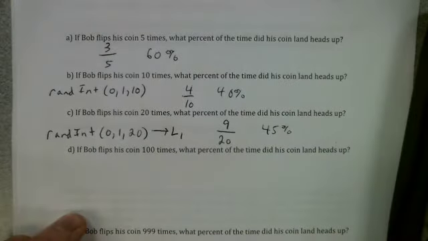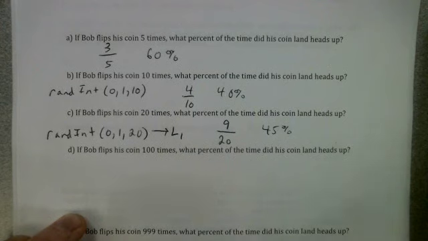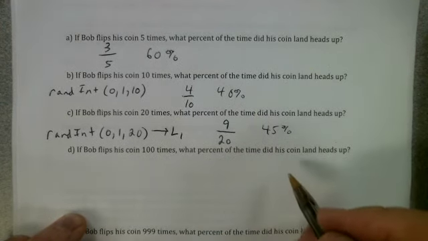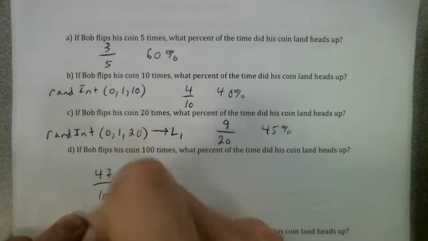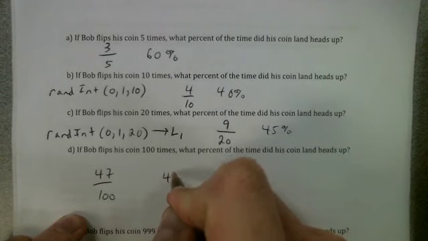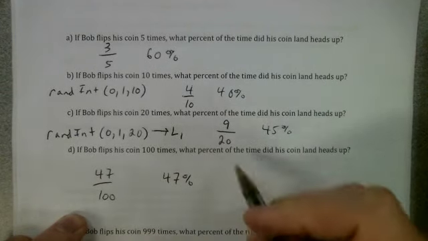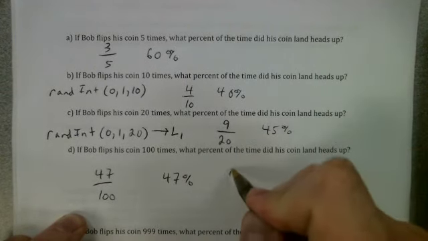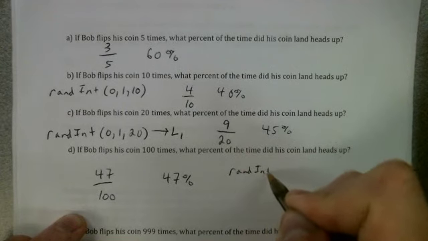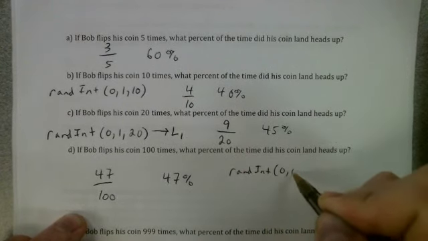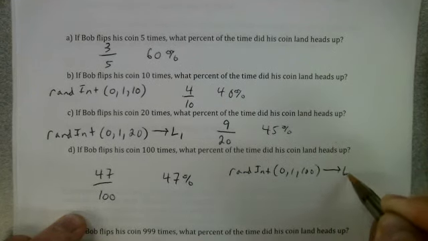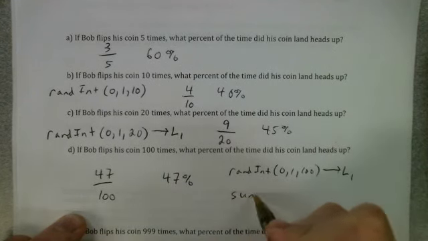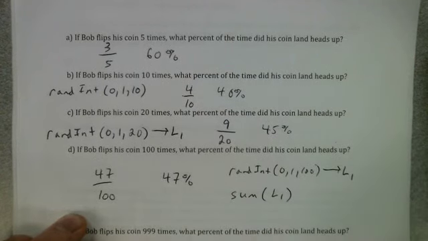So Bob flipped the coin 100 times and he got heads 47 times. So 47 out of 100 gives you 47%. And so remember the command we did: randint 0, 1, 100. We stored that in list 1, and then we did sum of list 1.